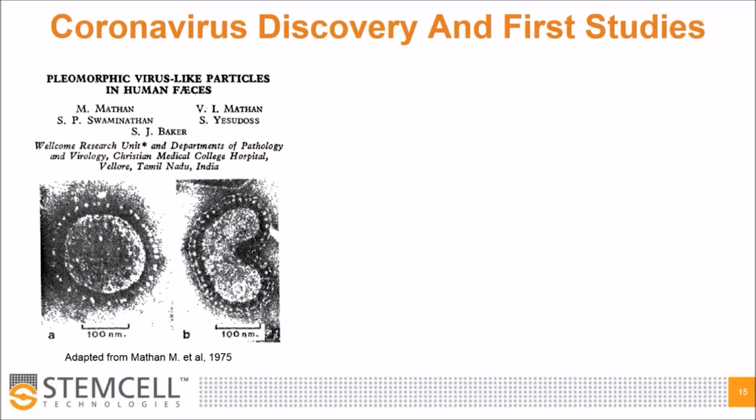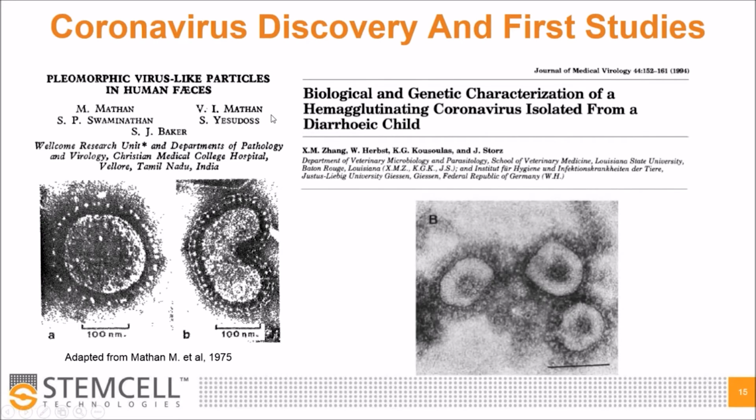The first observation of a coronavirus occurred in 1975 when scientists described virus-like particles isolated from human feces. In 1994, another group classified these virus-like particles as part of the Coronaviridae family, again isolating them from stool samples of affected patients.